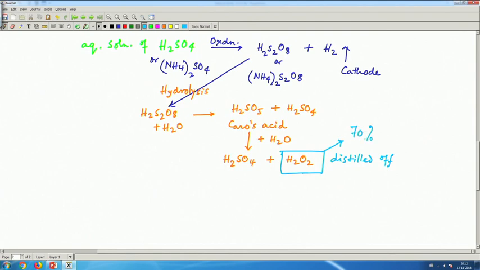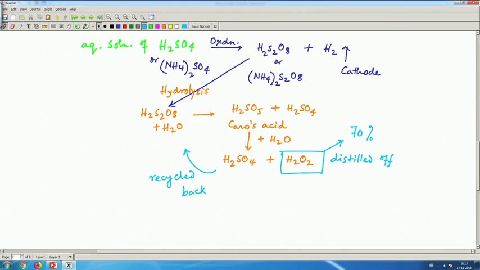It is a very useful technique for the production of hydrogen peroxide, and the sulfuric acid that is produced can be consumed for some other purpose, or it can be recycled back to the aqueous solution of sulfuric acid we have seen for this oxidation. So, it can be recycled back.